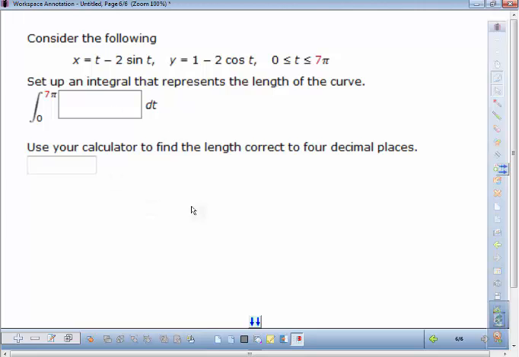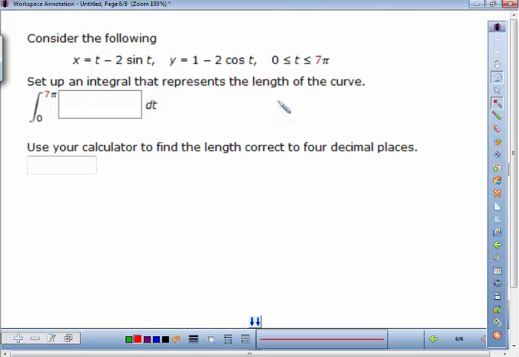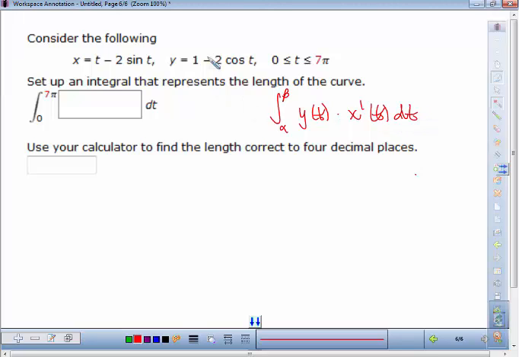All right, so how we're going to do this. It looks like our formula just tells us that we need to find the integral of y prime of t, oops, sorry, not y prime, but y of t times x prime of t dt. So just following this formula, the only derivative I need to take is the x.